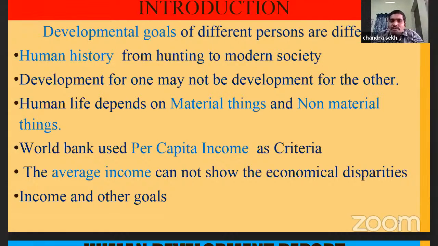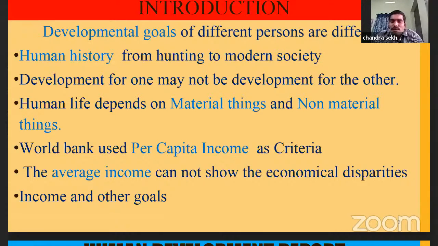Human life depends on so many things. Particularly, all people think about income and earning. They want to earn more money to live, to fulfill their wishes, and to fulfill their needs for day-to-day life. At the same time, even though they have money, some people need something more apart from money. Those are non-material things. What do we mean by non-material things or goals?